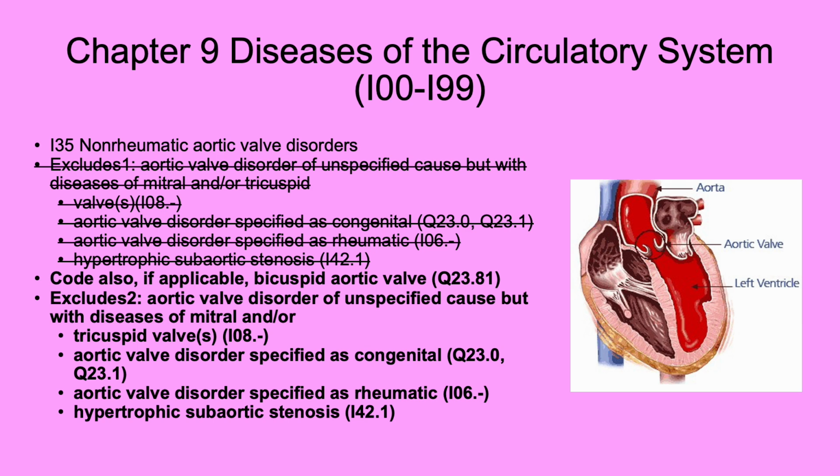Okay, also in chapter 9, you have again an excludes one note changed to an excludes two note. Excludes one note for aortic valve disorder of unspecified cause with diseases of mitral and or tricuspid valve. That's changed to an excludes two note. So that's an important change, easy to miss.